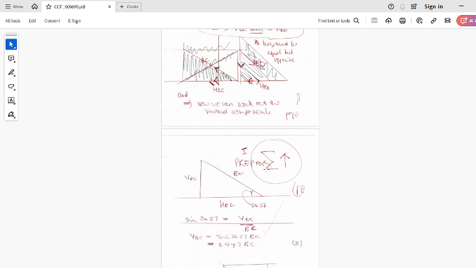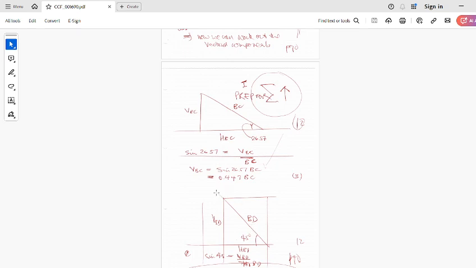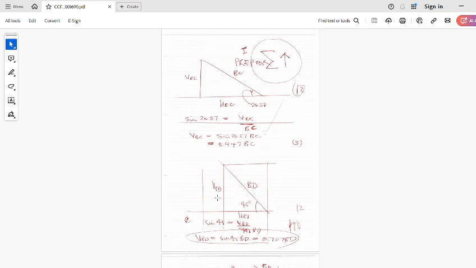So this is preparation for vertical equilibrium. Find out what VBC is. There's another little diagram. Sine 26.57 is VBC over BC, so VBC is 0.447 BC. Then for BD, sine 45 is VBD over BD, VBD equals 0.707 BD as per above.